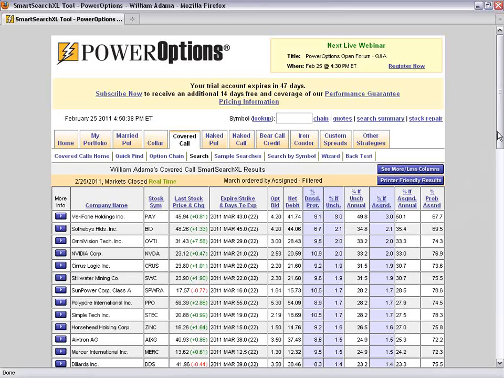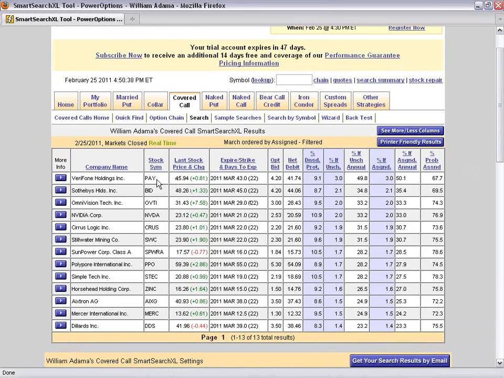So the first one we have here, Verifone Holdings, symbol PAY, closed today at $45.94. This is not a recommendation or suggestion. This is just a default in the money search, of course. Now, the 43 March call, which expires in 22 days, could be sold for $4.20. I don't know if this stock has earnings coming up or not, but that's a pretty decent premium.